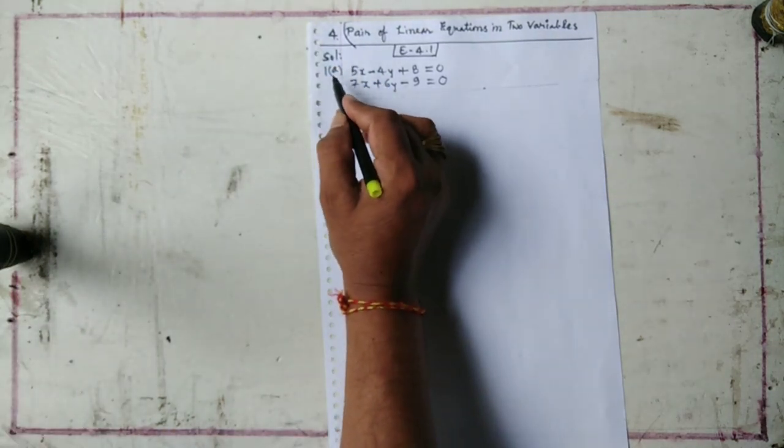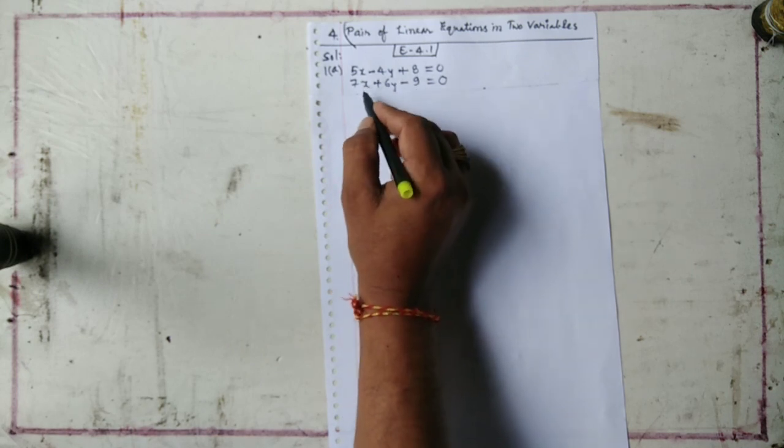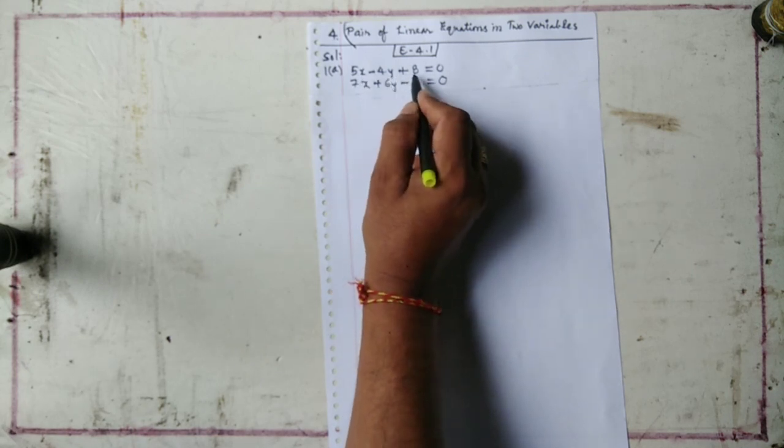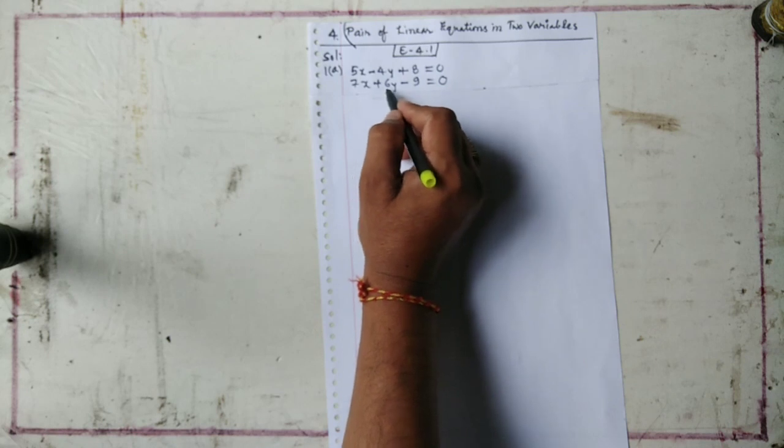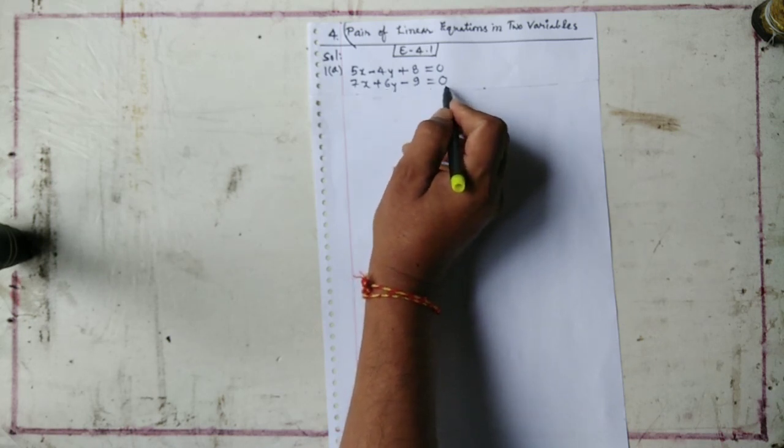Solution. 5x minus 4y plus 8 is equal to 0. 7x plus 6y minus 9 is equal to 0.